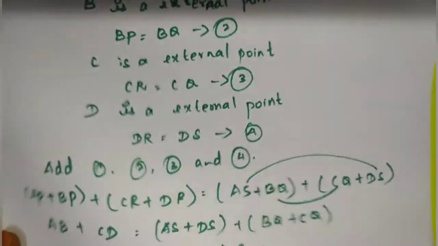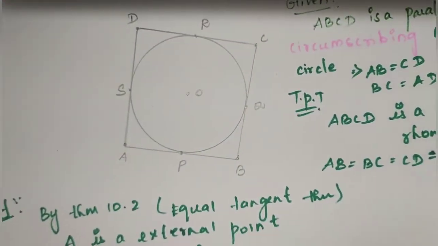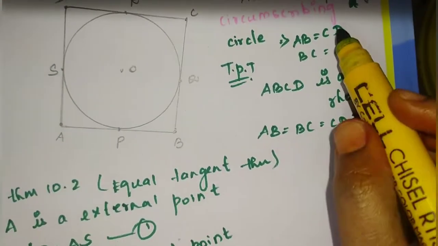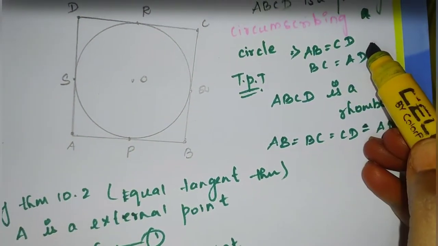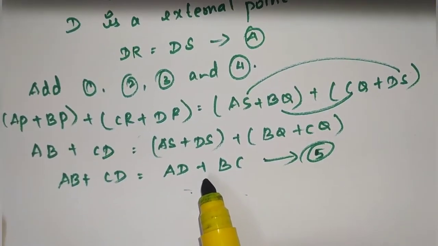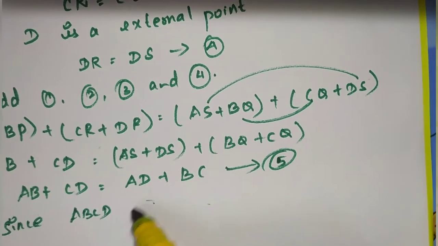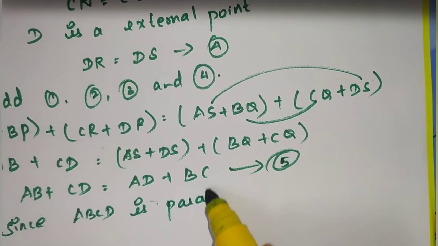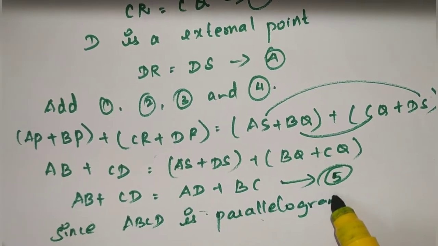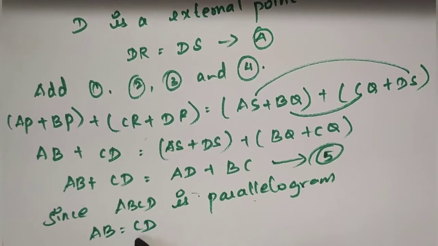Mark this as the fifth equation. Now, we know that AB is equal to CD and BC is equal to AD, since ABCD is a parallelogram. Mark this as 6.